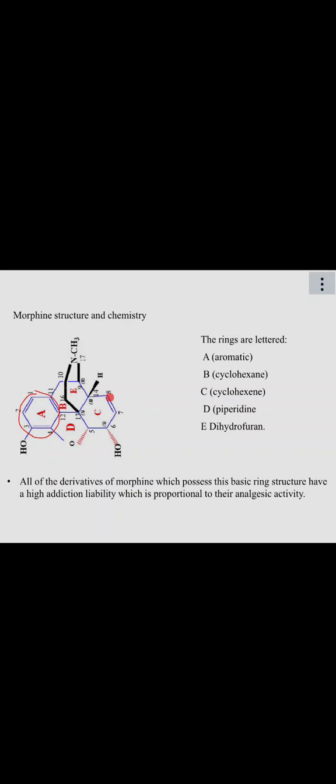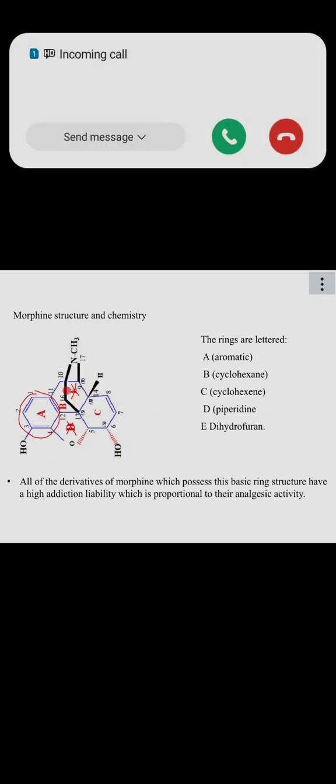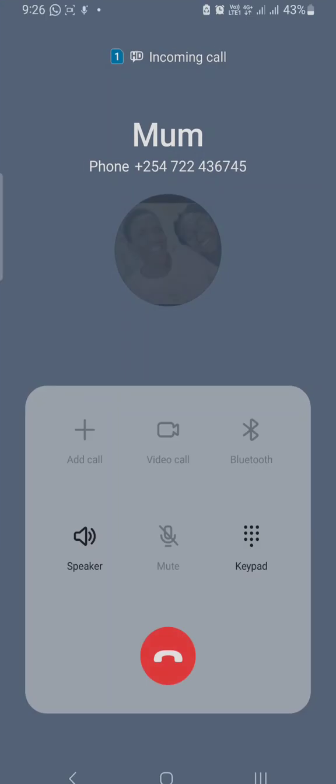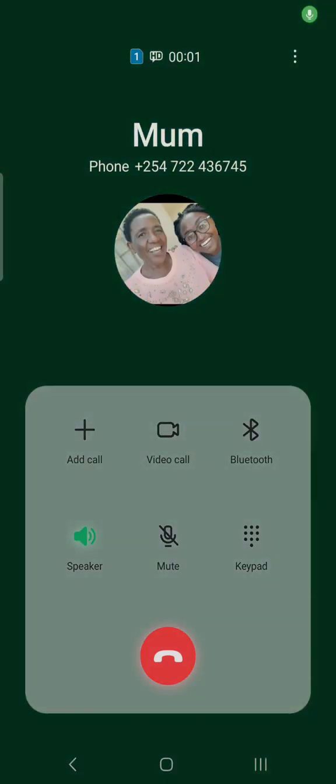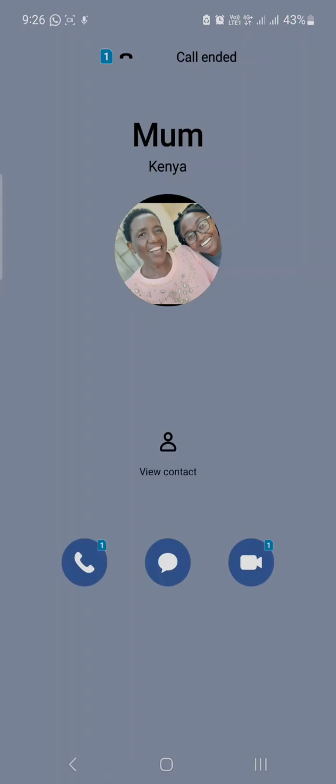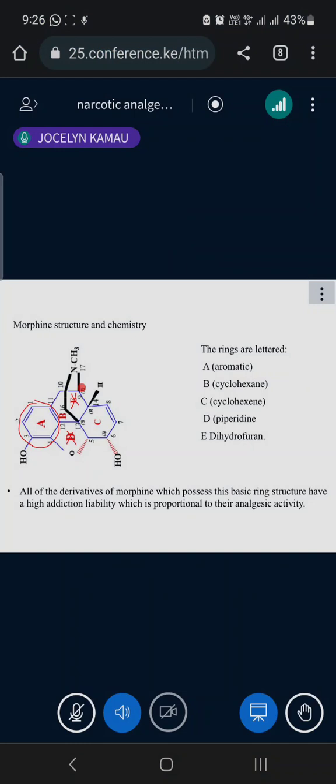And then you have ring D. Sorry, this should be ring E, and this should be ring D. They have interchanged that. So the ring D, which is this one there, you can see 4, 5, 6.